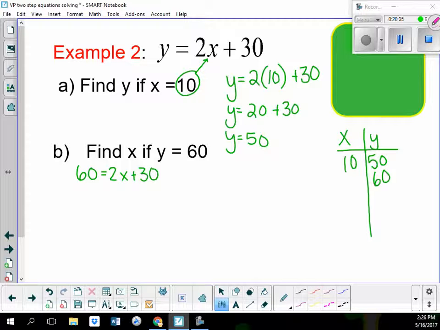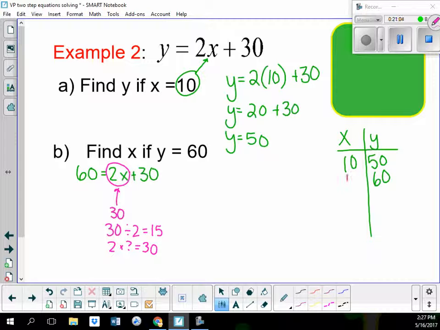Okay, so this part right here has to equal 30, because 30 plus 30 equals 60. Okay. So 2 times 15. Well, you could do 30 divided by 2, or just 2 times 15 equals 30. Or you also said 2 times what equals 30, okay? So that means x would have to equal 15. Fantastic, and we'll add that to our table.